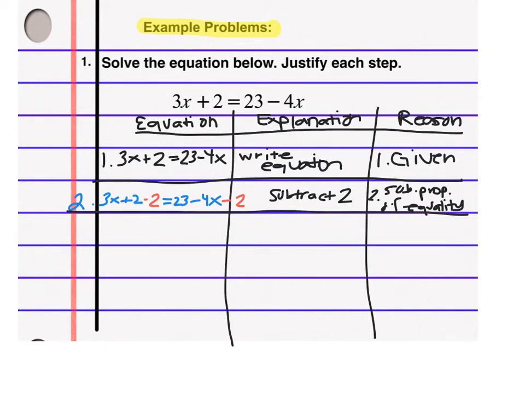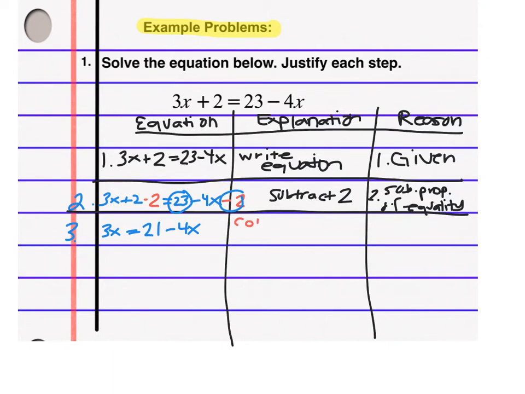All right, so then let's see, what would we get if we did that? We would get 3x on the left, right? Because 2 minus 2 would be 0. Then on the right, I would have 21, right? If I combine 23 minus 2, I'd have 21 minus 4x. All right, so what did I do? I combined like terms, right?